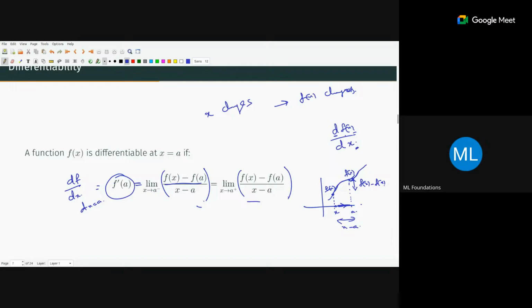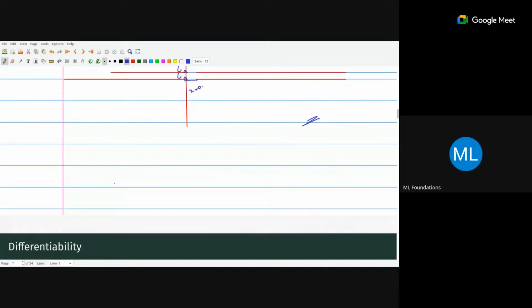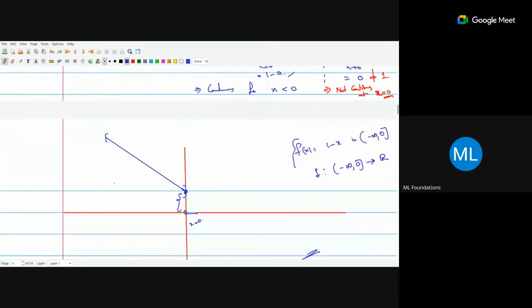If it is not continuous, the rate of change doesn't make sense at all. Just like in this example, here it is not continuous at all. How can you expect the rate of change to be equal? It will definitely not be equal, right?